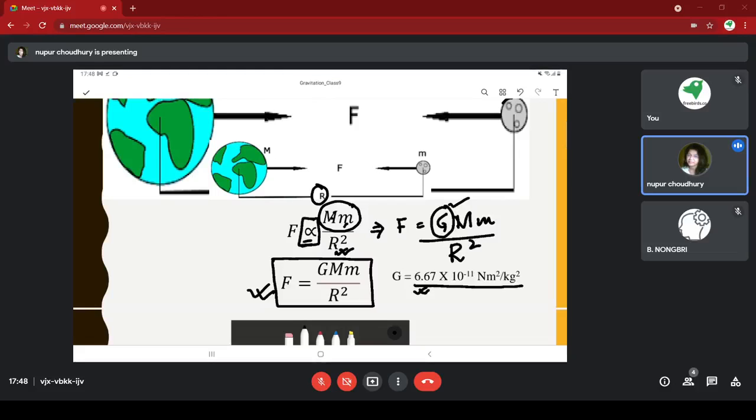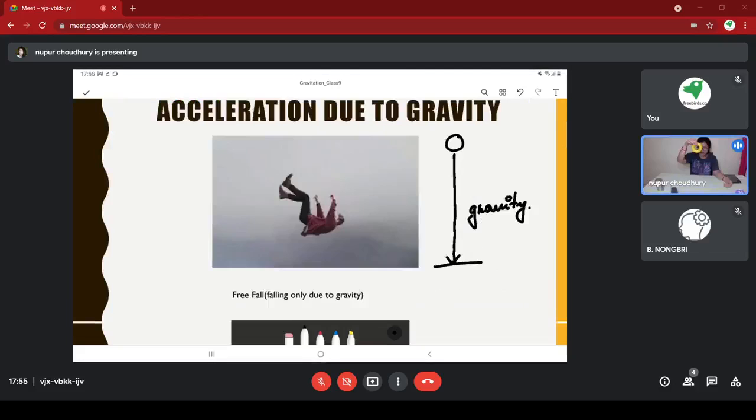So if we consider an object, this is what a free fall would look like. If I drop it from a position, I'll simply drop it. So this is what a free fall is. Now, if I apply force to it, then that is not free fall.